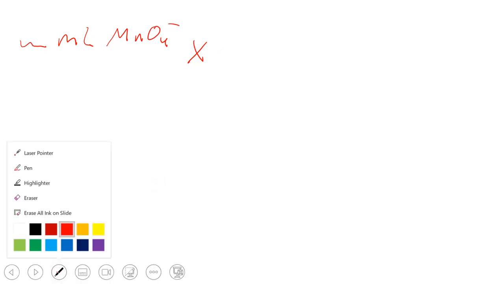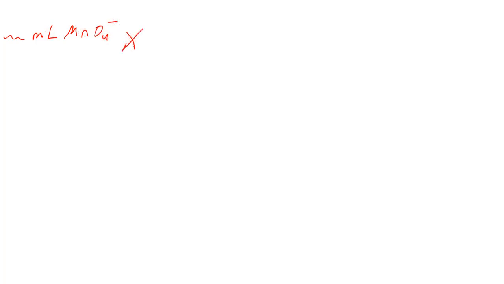So you're going to take whatever volume of your potassium permanganate that you used, and I should probably write this a little bit smaller so that hopefully we have enough room to fit this in. So your milliliters of potassium permanganate, and remember that molarity is moles per liter, so that means we need to convert the milliliters to liters.